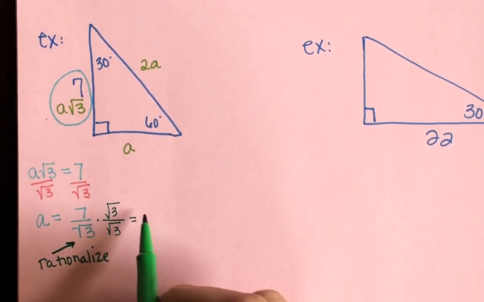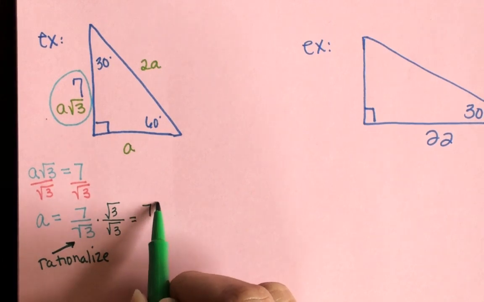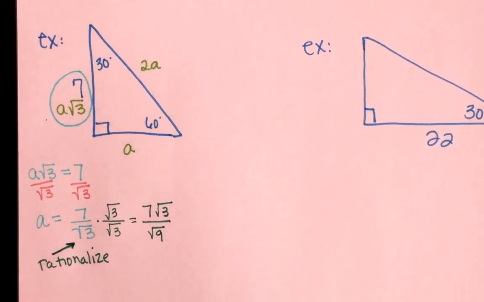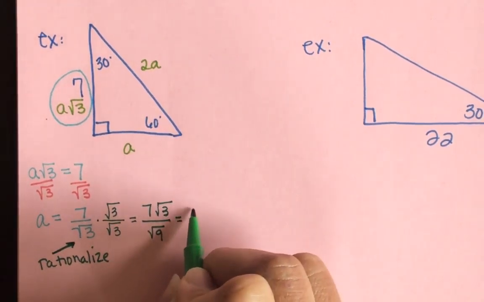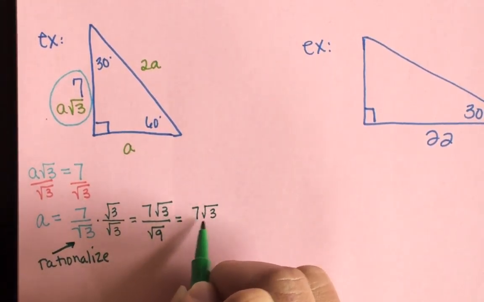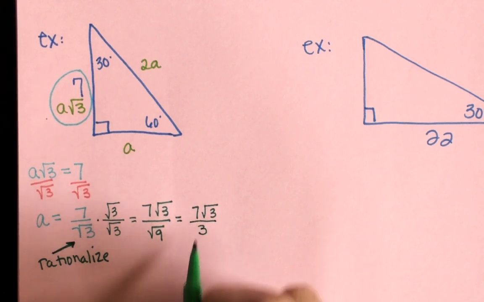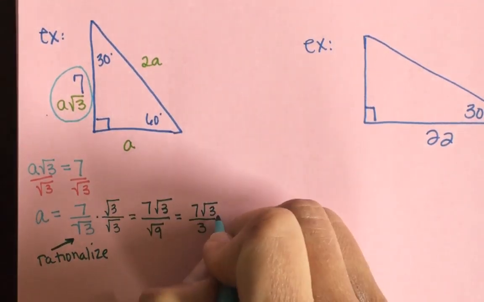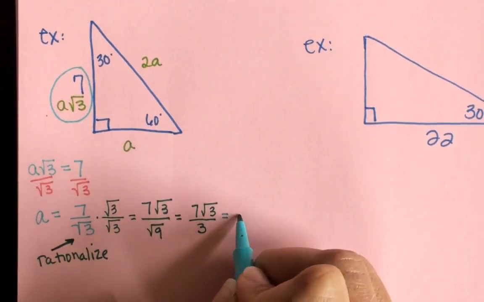If we see this pattern, we'll notice that the radical is now up on top. Our perfect square appears, but we end up with the radical on top and just the radicand underneath. So we just found out a was 7 radical 3 over 3.